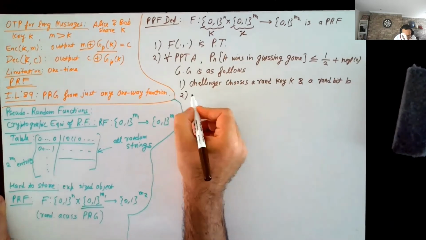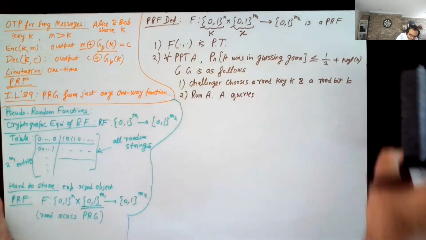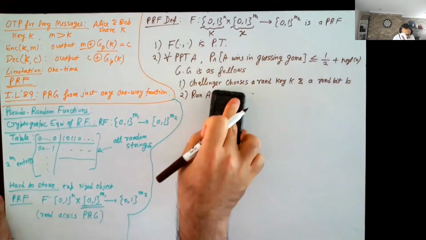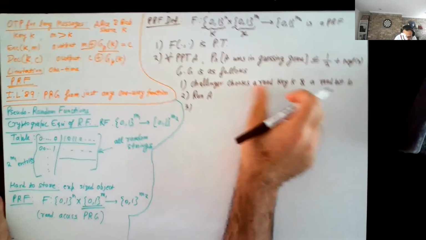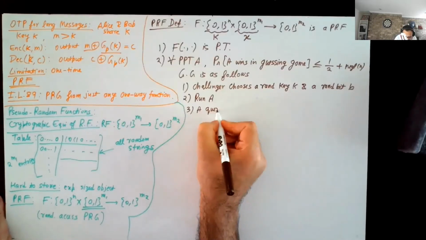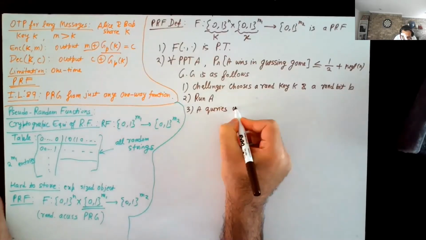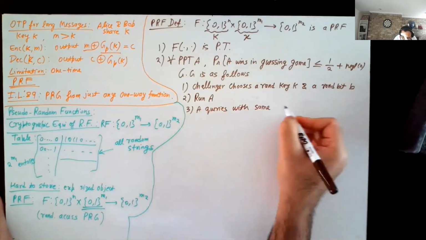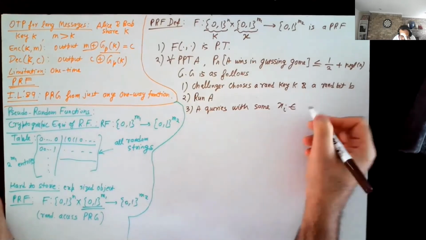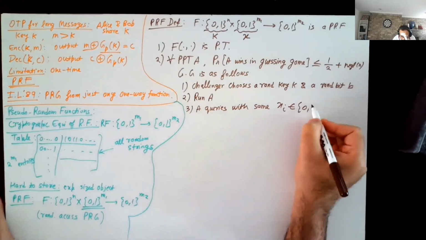So the challenger A queries. Step 3 is: A queries with some xi in {0,1}^m1.